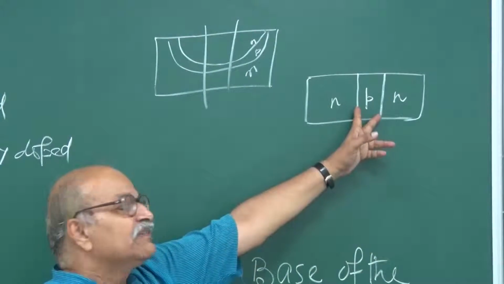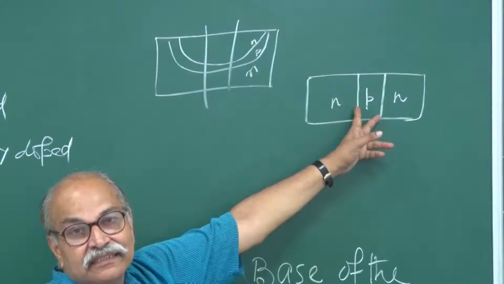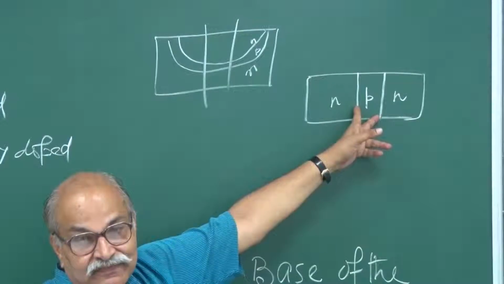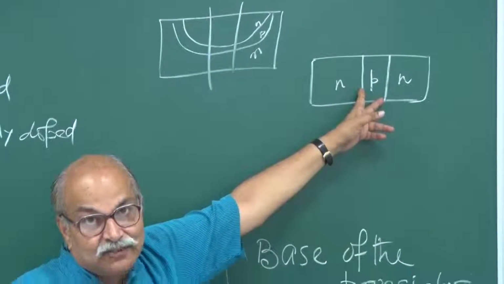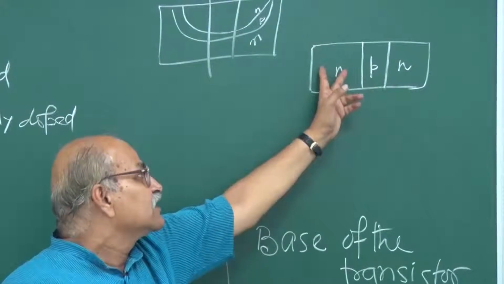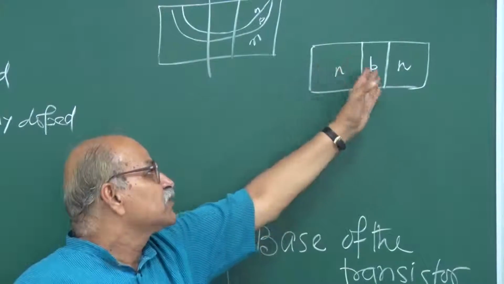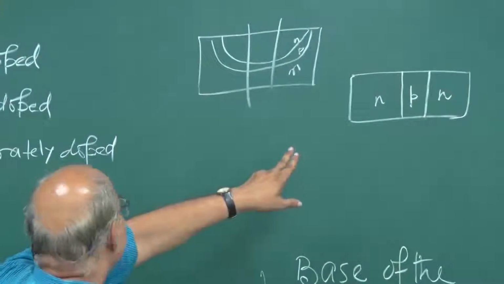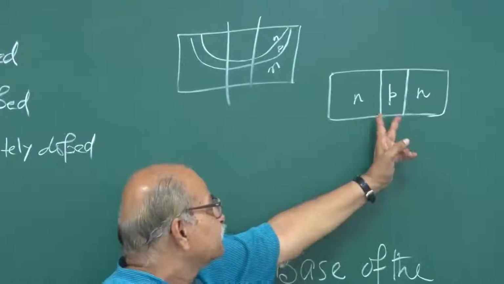The base should be very, very thin. How thin? Could be 1-2 micrometers, or even less than a micrometer. That is very thin compared to this; these may be 100 times more than this. We will come to the geometrical parameters.